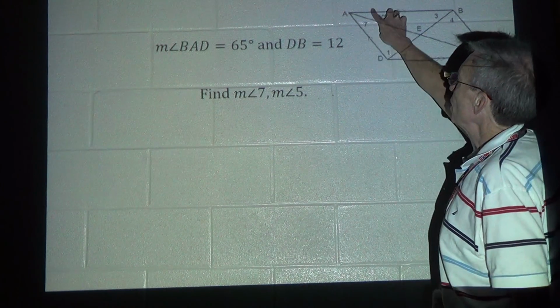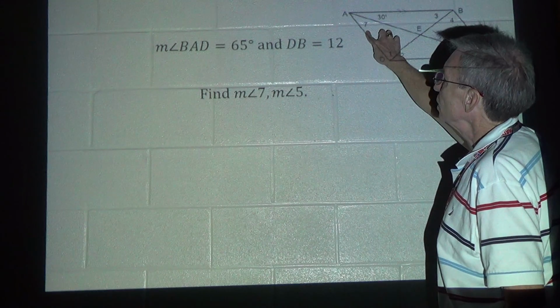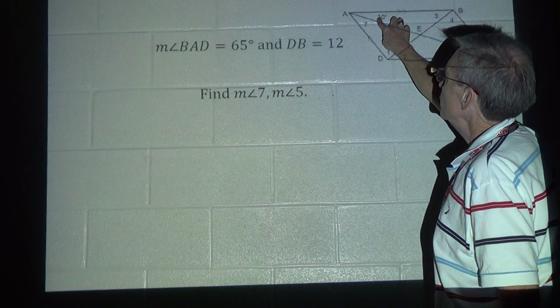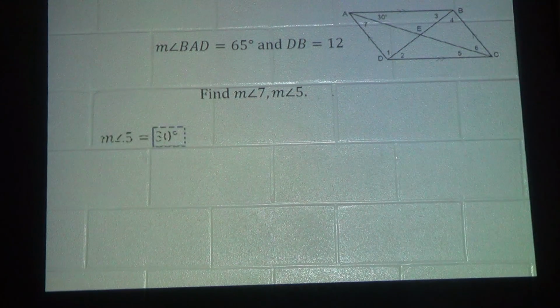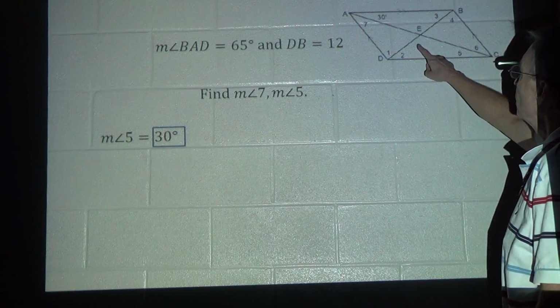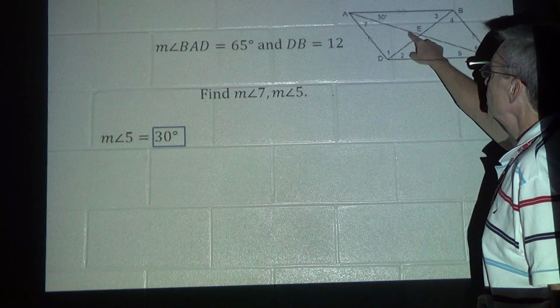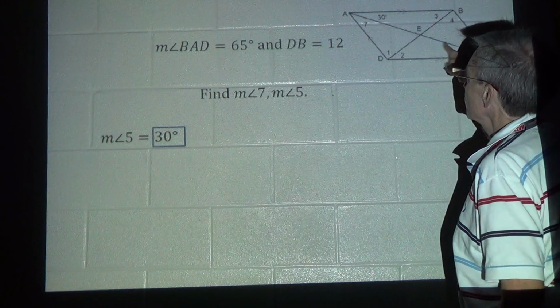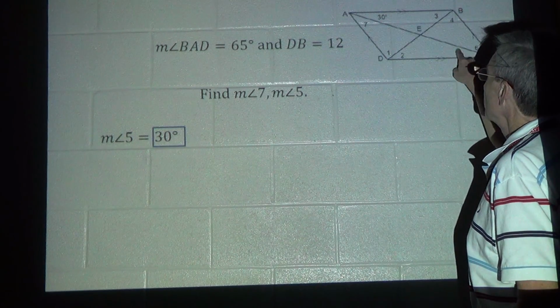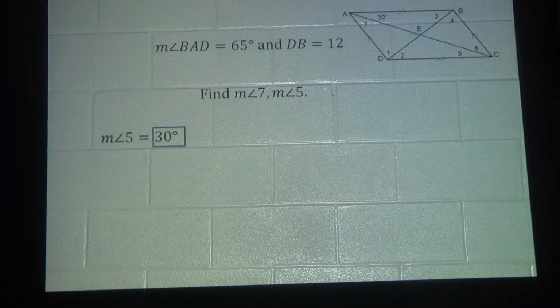Since this whole thing is 65 degrees, then this part right here is 30, so it's just 65 minus 30 for angle 7. Because these are parallel lines and this is a transversal, the alternate interior angles give us that the measure of angle 5 is equal to 30. They went with the simple one first. It doesn't matter which one you do first; you can solve it in either direction.